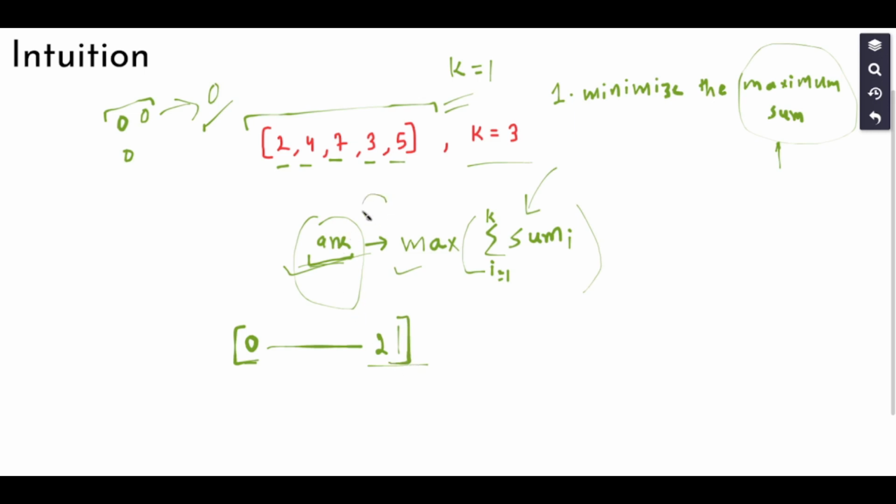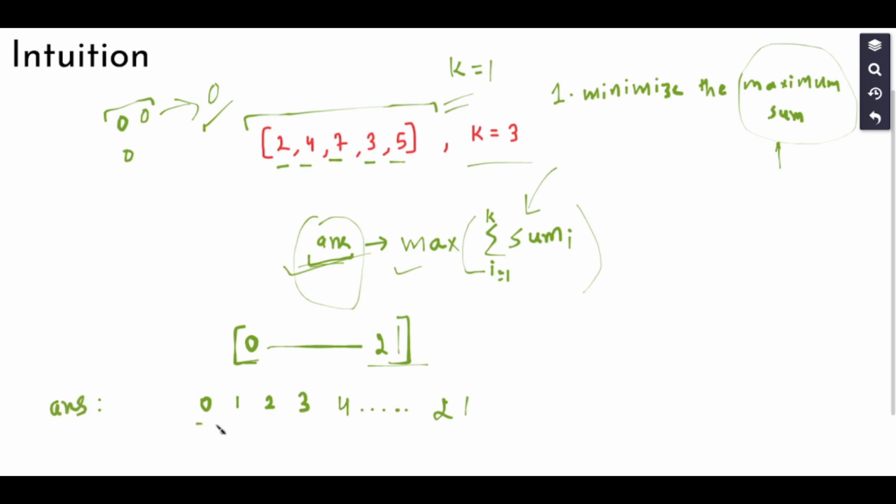So this answer is basically monotonic. If we list all the possible answers, we can list them like this: 0, 1, 2, 3, 4, up to 21. So this is the range of our answer.